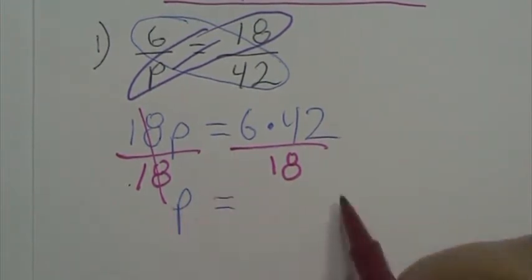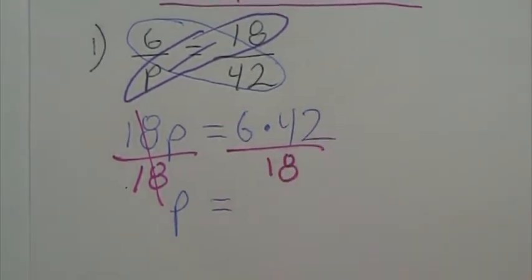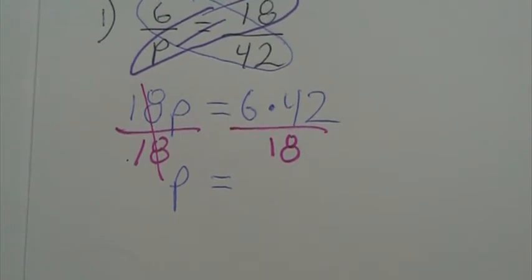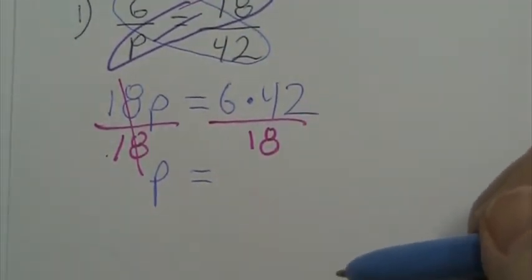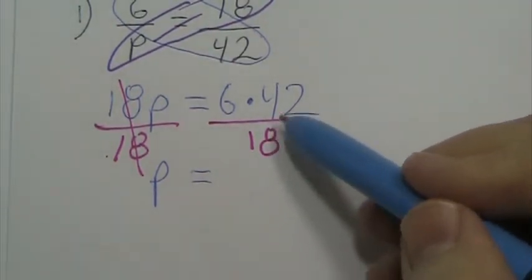And at this point, you can go ahead and use a calculator if you want to. But I'll show you, you could do it without a calculator because, let's see, what goes into both 18 and 42?